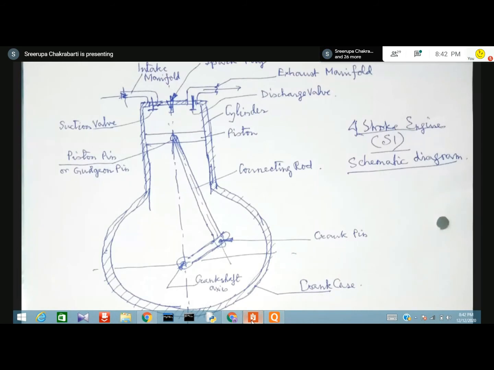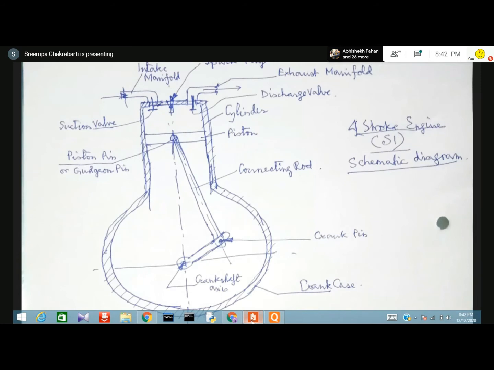So at this high frequency, the stress reversal will occur, and as a result the connecting rod will be subjected to alternating tensile, compressive, and bending stresses. There is a chance that it will be subjected to fatigue.